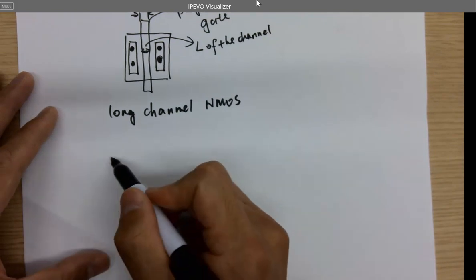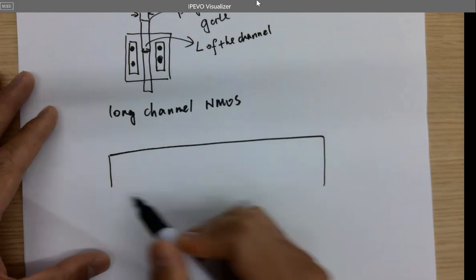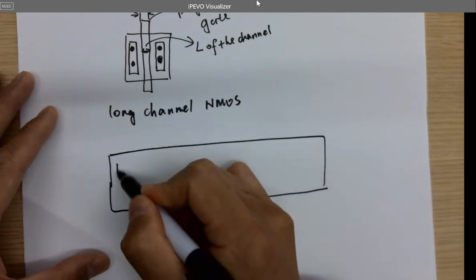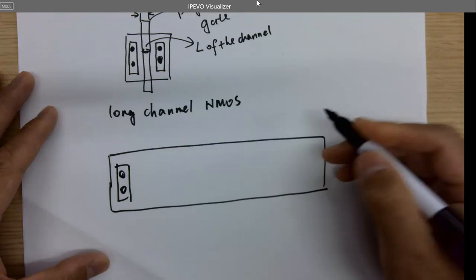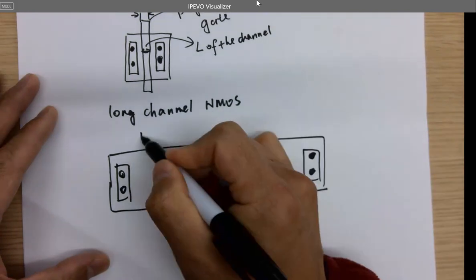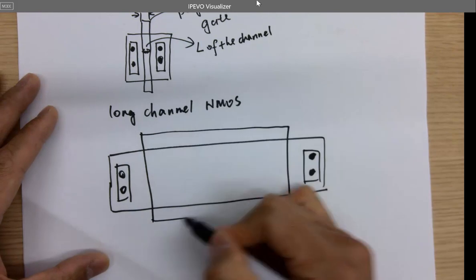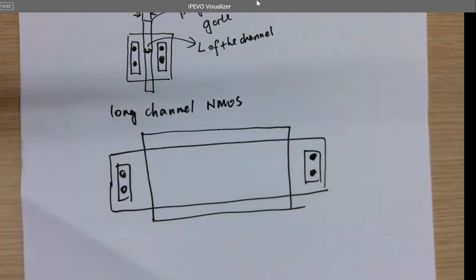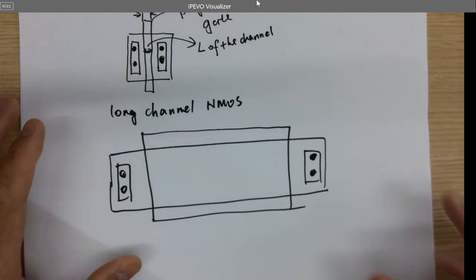I have to probably do this, right? I have two contacts here, and like that as a poly. You can definitely do that, but usually we don't do it that way.